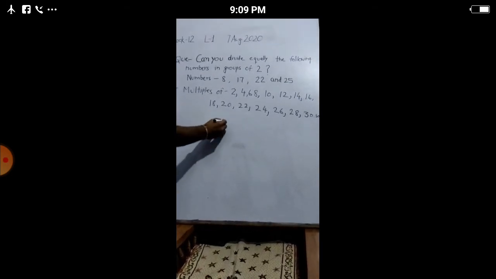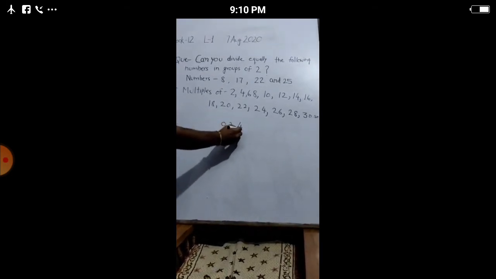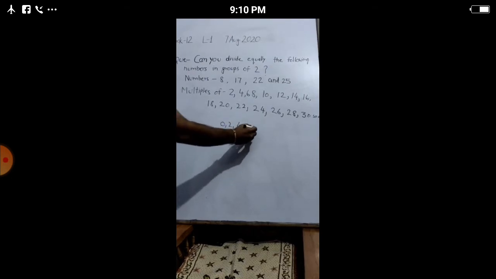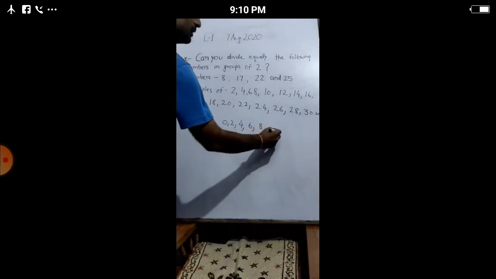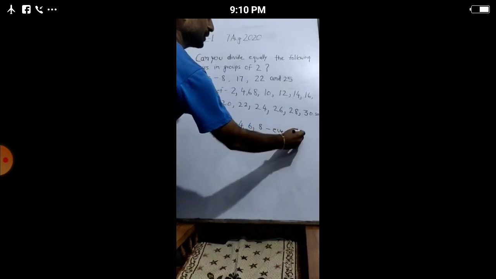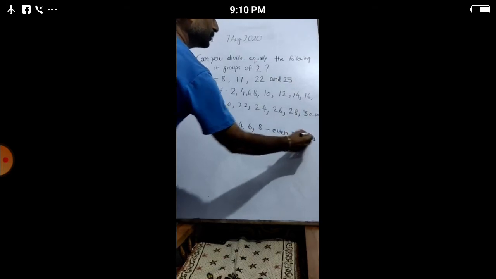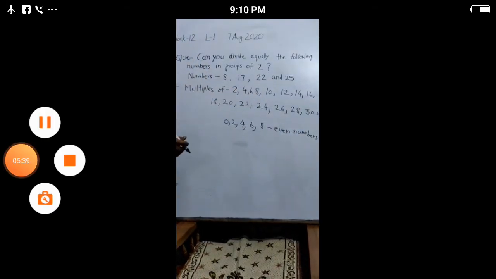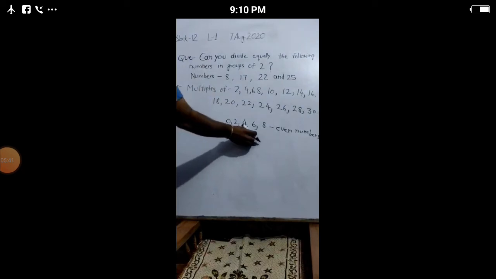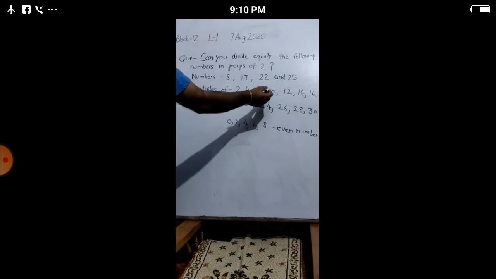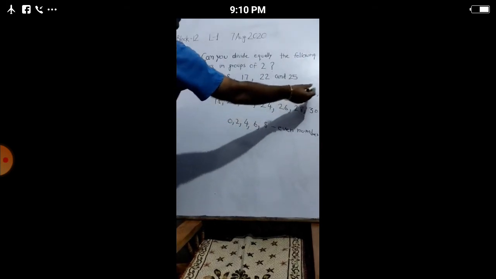Here children you can see those numbers that end with 0, 2, 4, 6, 8 are called even numbers. Means here in multiples of 2 you can see these numbers end with 2, 4, 6, 8, 0, 2, means they end with 0, 2, 4, 6, 8.